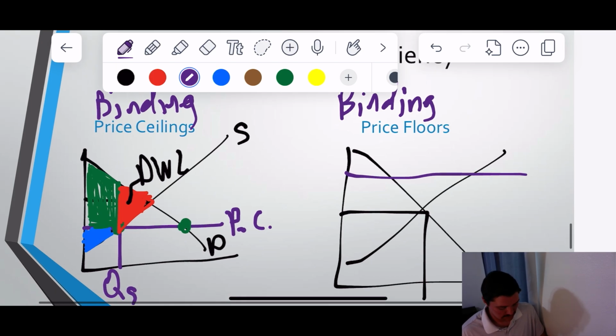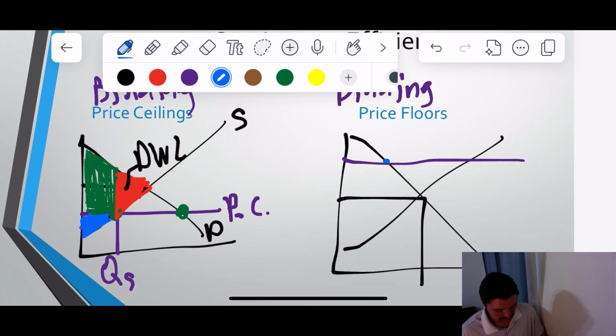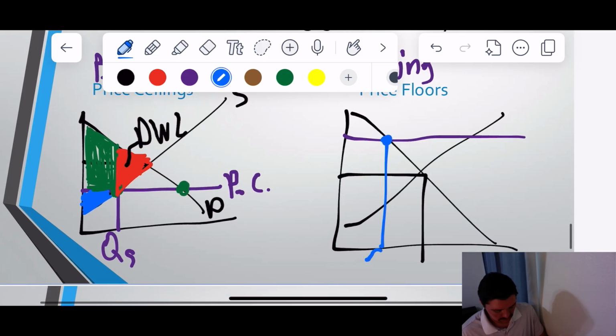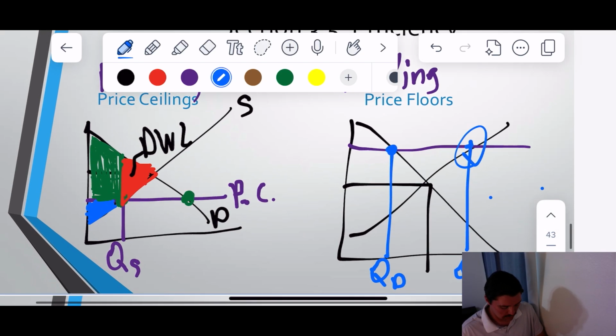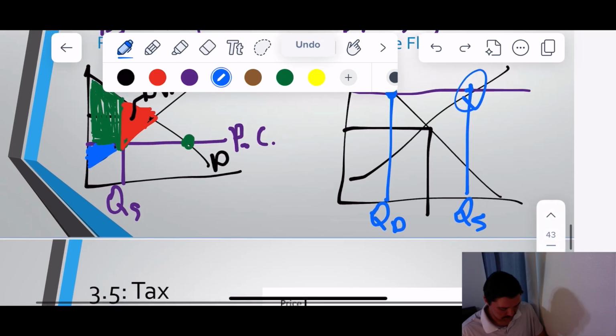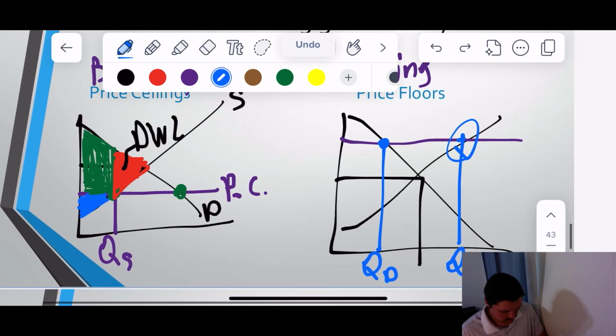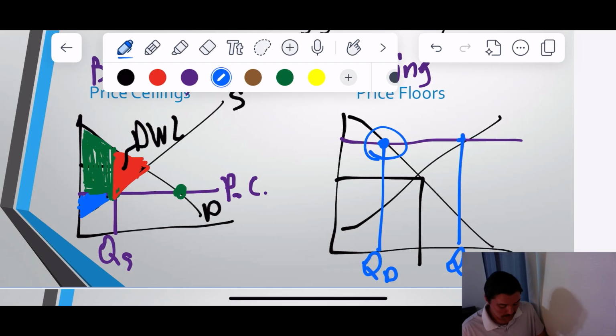Now, this right here is the quantity that is being demanded. This right here is your quantity supplied. Remember, we are not selling this amount because consumers are only buying this amount. Right? So since we're only buying that amount, this right here, below demand and above price, is your consumer surplus.